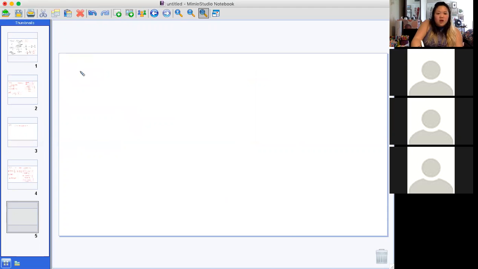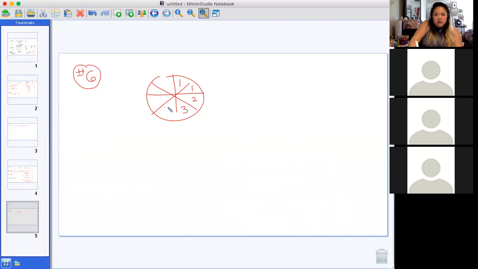So if we look at number 6, it has this spinner with the 8 numbers on it: 1, 1, 2, 3, 3, 4, 4, 4, 4, and 5.